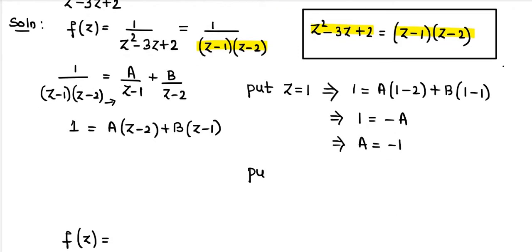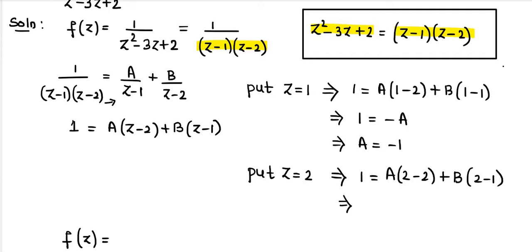So when you put z as 2, the first term becomes 0. So 1 is equal to a into 2 minus 2 plus b into 2 minus 1. If you observe, the first term has become 0. So the value of b is 1. Thus we have obtained the values of a and b.